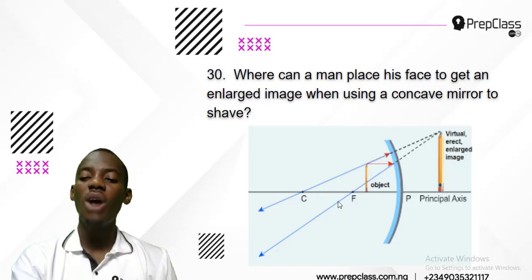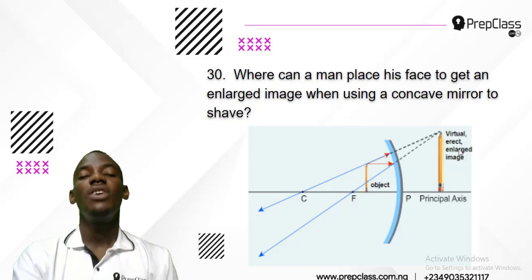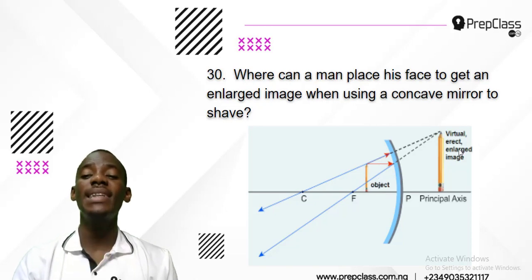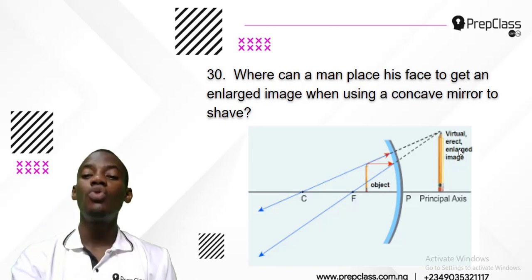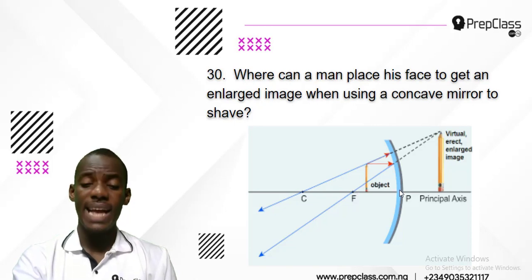In between the focus and the mirror, you will get a magnified image. So if you want a bigger image on a concave mirror, you have to place the object in between F and the mirror, and that will give you a magnified image.